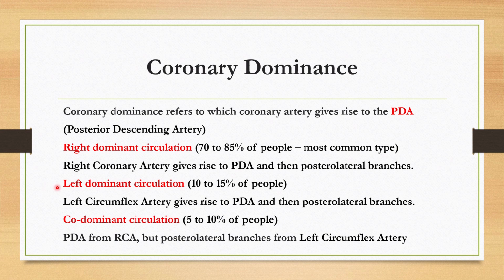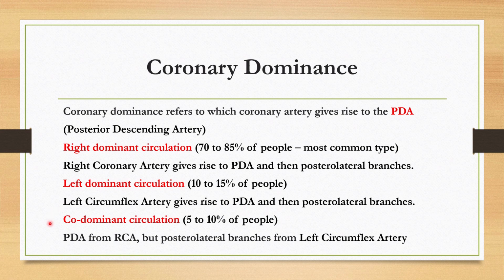In left dominant circulation, which you can see in 10 to 15% of people, here the left circumflex artery gives rise to the PDA, that is the posterior descending artery, and then the posterolateral branches.